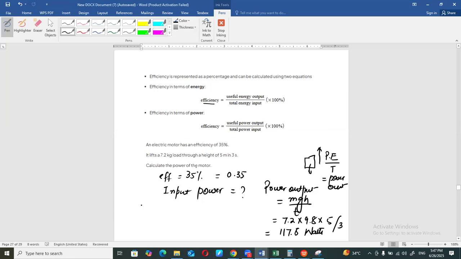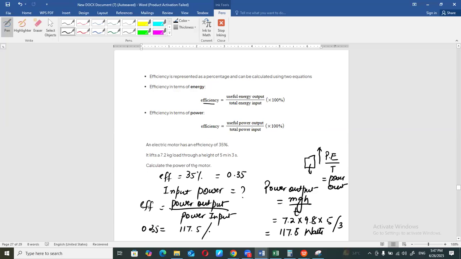So what is the formula? Efficiency equals power output divided by power input. Now just put the values here, 0.35. Power output is given as 117.5.